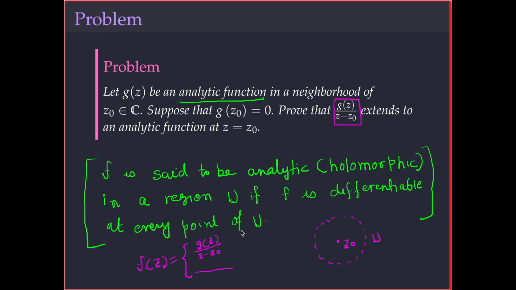And the final function f has to be analytic at z equals z0, that is, it is analytic in a neighborhood of z equals z0. So let's think of how to define it.